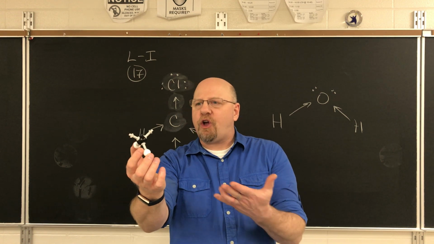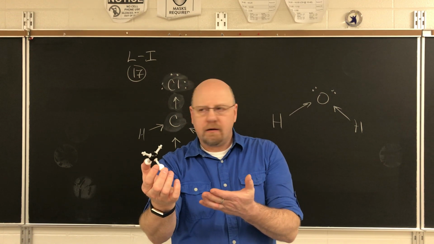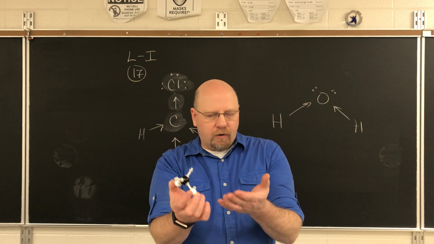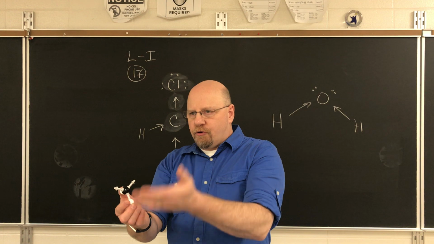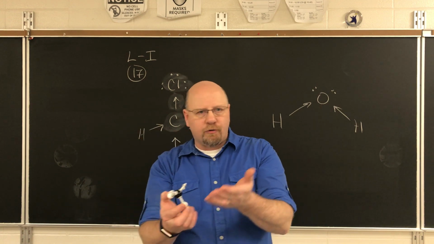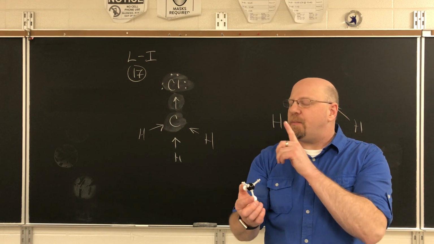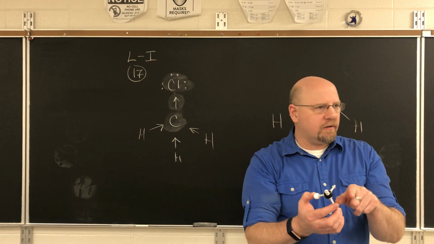Have we changed the core structure any? No, it's still a tetrahedral. So in OF2, your group geometry is still going to be tetrahedral because it's got a steric number of 4. But the molecular geometry is different.